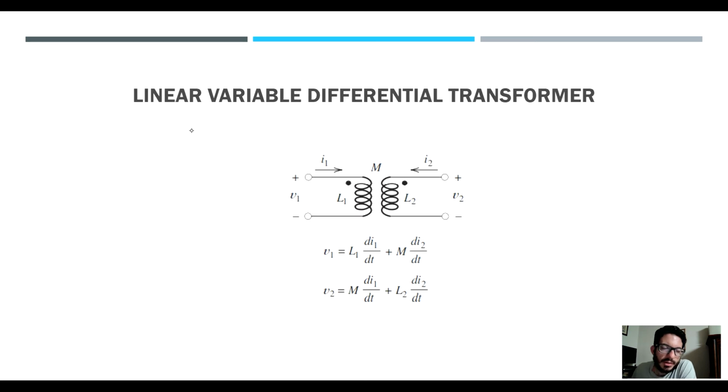Henrys, etc. Another interesting application for magnetic fields and the concept of inductors is the linear variable differential transformer. Transformers, as we saw, use the inductance of conductive materials to increase or decrease the voltage and the current throughout the system. If you want to find the new voltage, you simply follow this set of formulas where V1 is L1 times the change in current with respect to time.